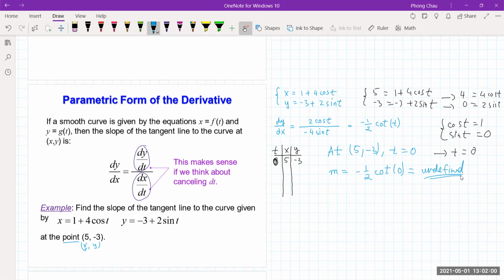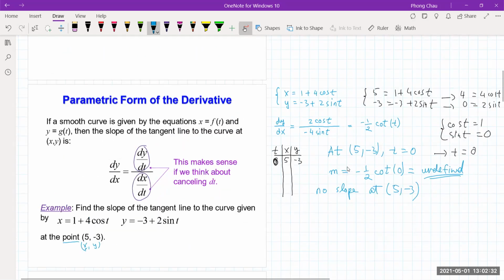The slope is undefined, so there's no slope there. The answer is undefined slope at the point (5, -3). In fact, we have a vertical tangent there, that's why there's no slope, because a vertical line has no slope.